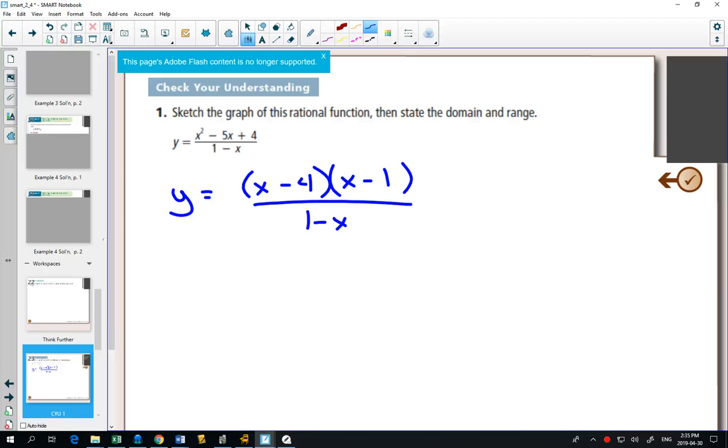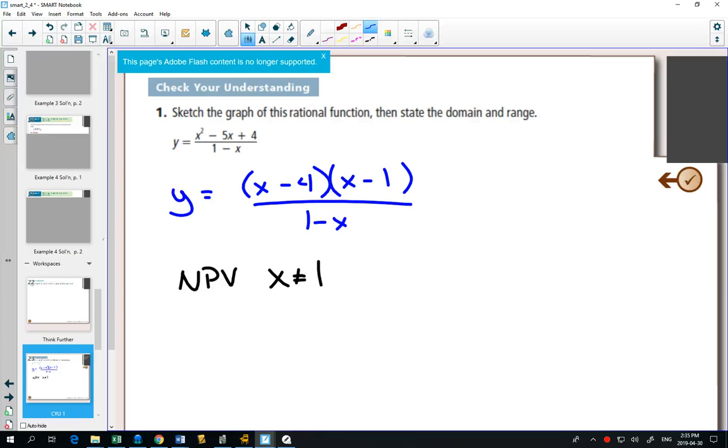X can't equal 1. Does that factor cancel out? The way that it looks right now, the answer would be no, because there's no factors exactly the same.